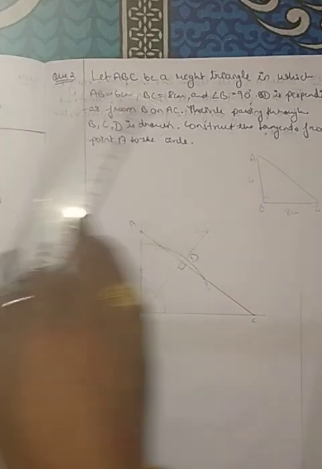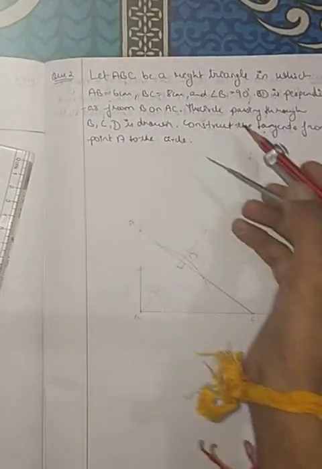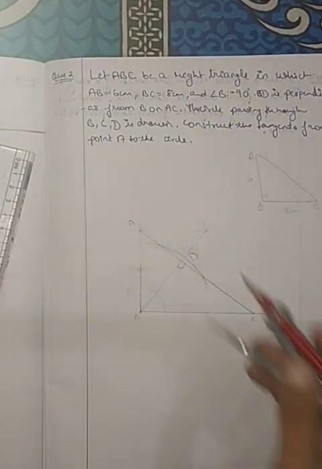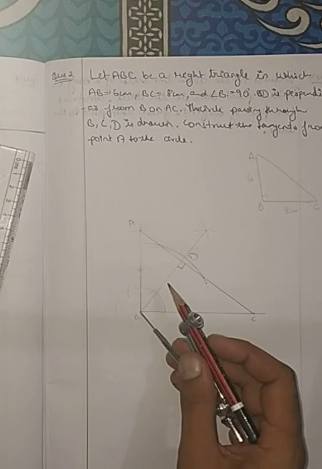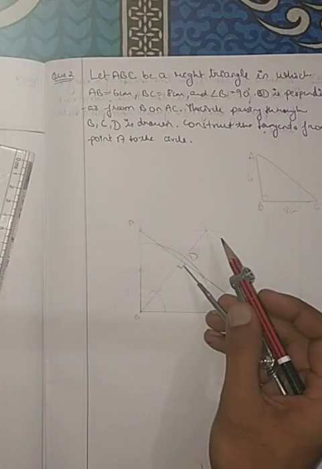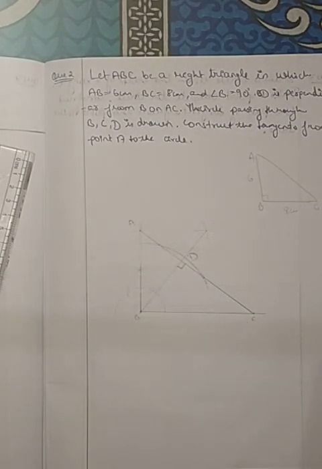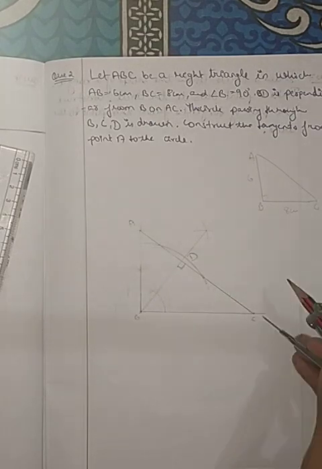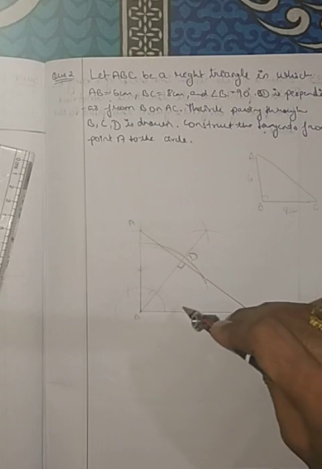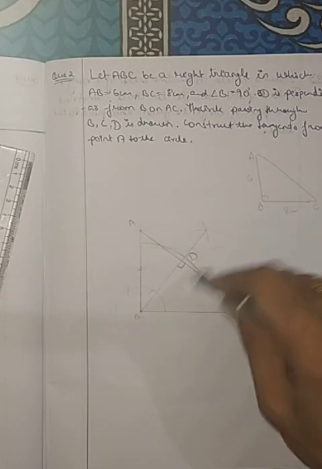Now what you have to do? They are saying to draw a circle passing through B, C and D. Either you can do the same thing that we did in the first question, or you can observe that angle BDC is 90 degrees. It is the angle made by a diameter. So BC is the diameter. We just draw the perpendicular bisector of BC.